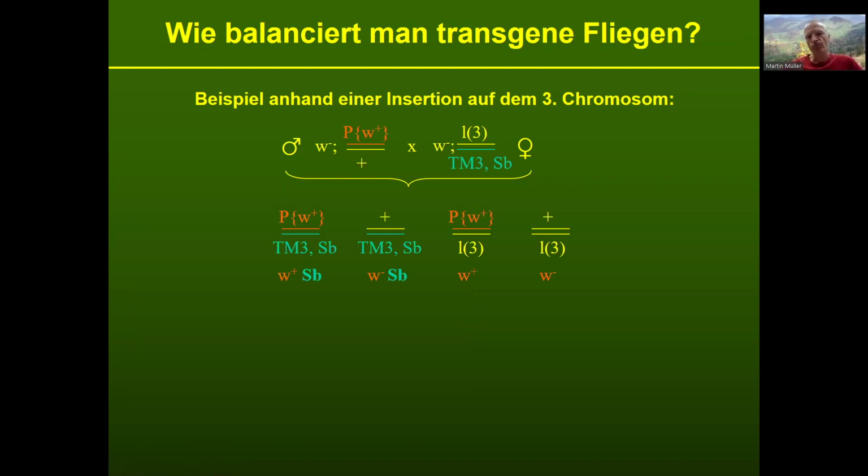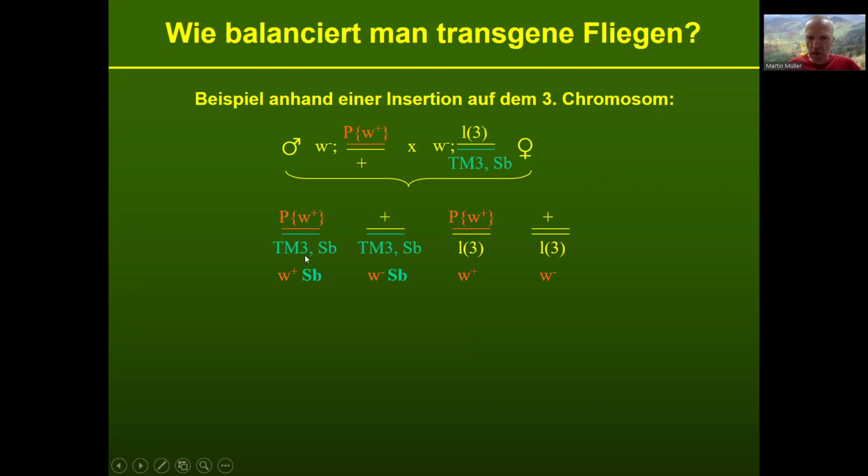So I told you it's important that we bring these two chromosomes together. How can we identify that they are in the same fly? So we are still in a white minus background because both parents have white minus on the X. Now, if we look at the phenotypes, these here have eye color because of the red chromosome, and they are Stubble.